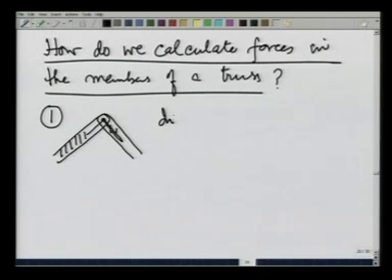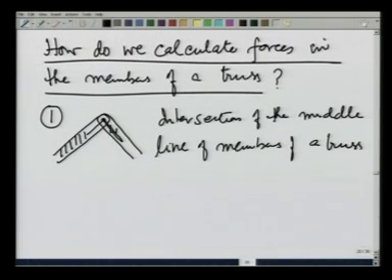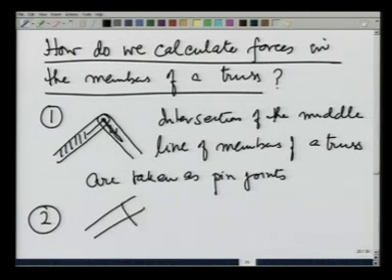So, intersection of the middle lines of members of a truss are taken as pin joints, and as a corollary, any plate or bolting that can be done here, we ignore the torques arising because of that.